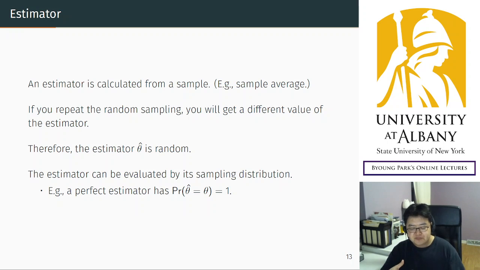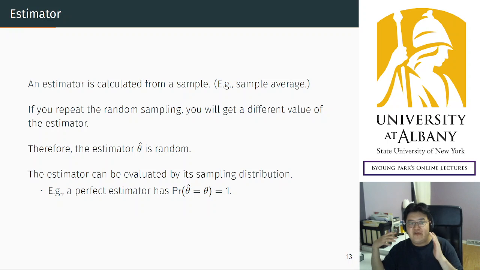So you calculate an estimator from a sample. And then if you resample again, the recalculated estimator can be different from the earlier one. Therefore, an estimator is random. That's what we learned in the sampling distribution chapter. If you get a different sample, then your estimator will be different.